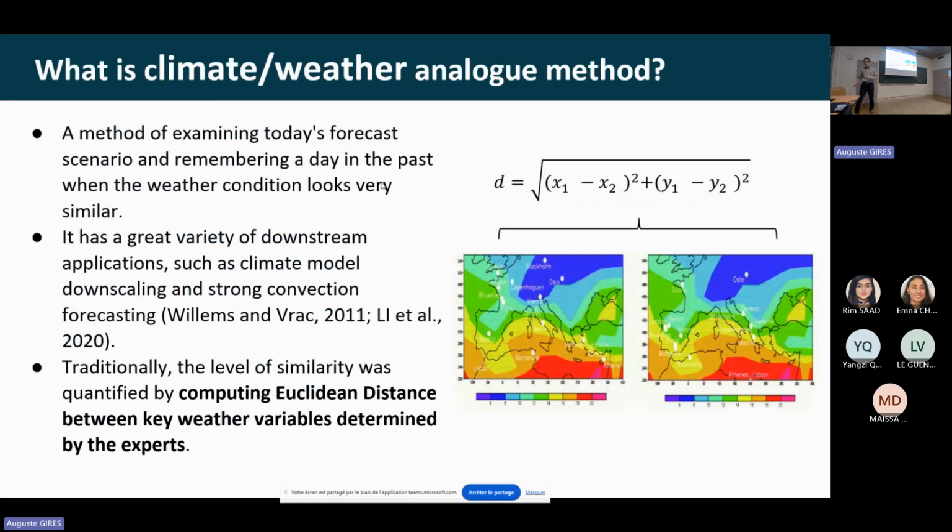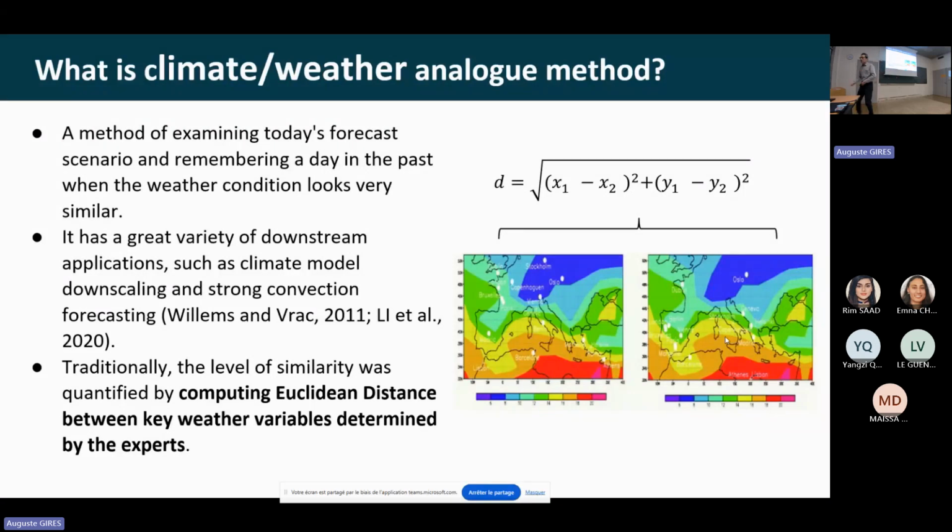So the traditional way is you find some key climate or weather variables, usually related to rainfall, and we look at temperature. Then you compare your current underlying weather, for example temperature or pressure, geopotential height, several key variables, and you go to historical data to see if you can find something similar, so you can assume a similar situation is going to happen.